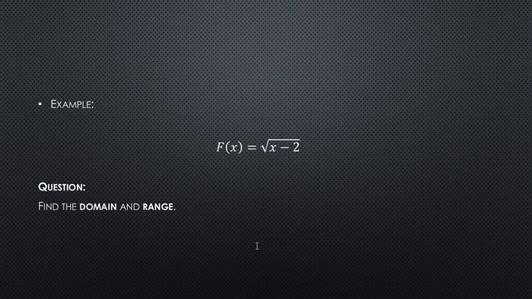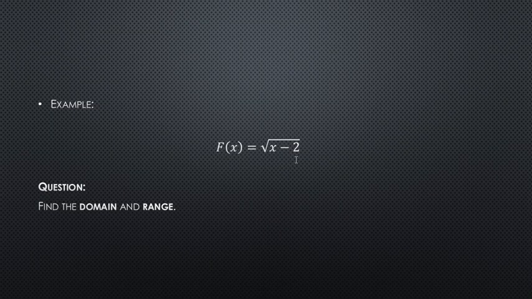Let's solve an example. Consider the function f of x equals the square root of x minus 2. We want to find its domain and range. Let's start with the domain.